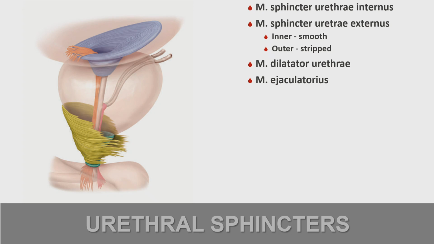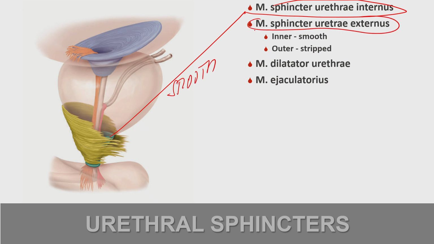Urethral sphincters in male are more complicated, but in general, in the same manner like in the female, it's more complicated because we have here the prostate. So we have a sphincter urethrae internus. So this is smooth. Then externus, which has inner and outer layer, smooth and striped. And then we have also the muscle which is seen here.